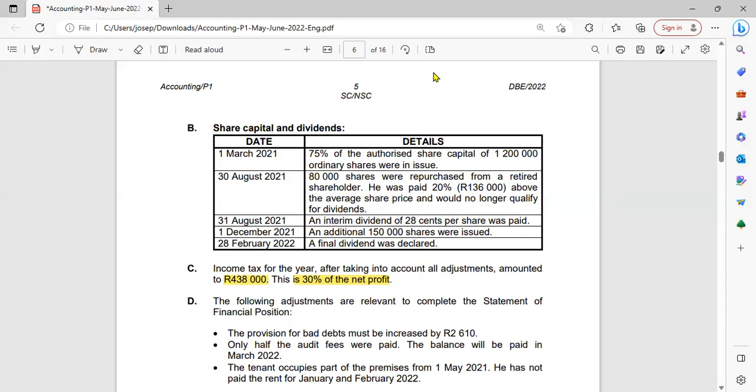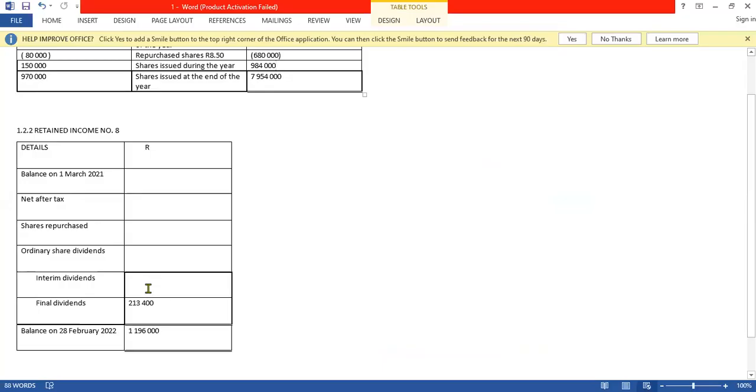Let us record it in our answer sheet. So interim dividends, we're going to say 229,600.